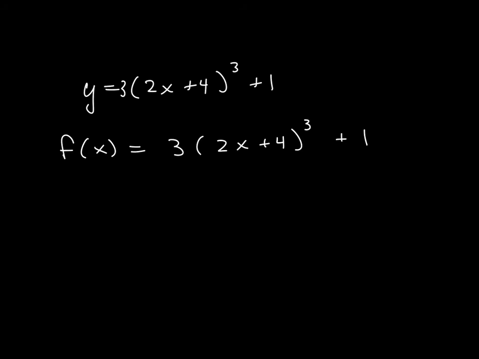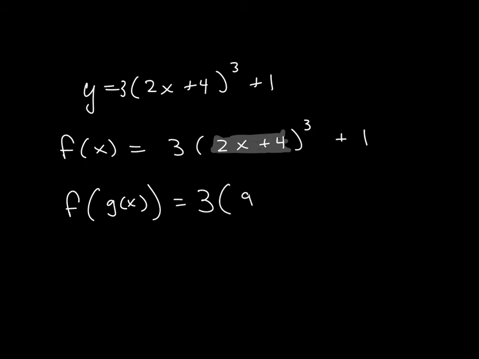And that composite function in this case is your 2x plus 4. Now we can rewrite this as f of g of x is equal to 3 times that g of x to the third plus 1.